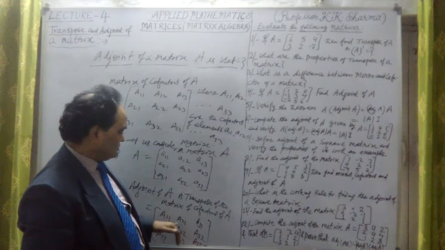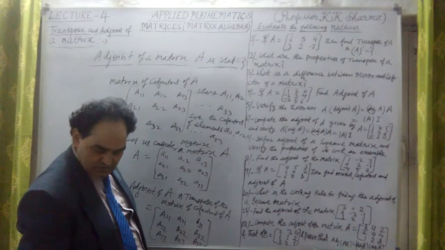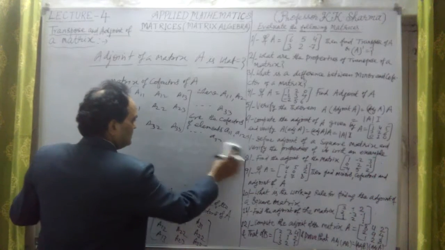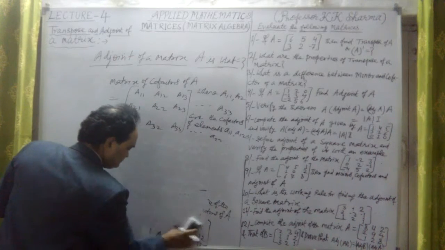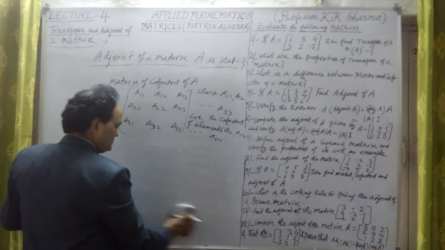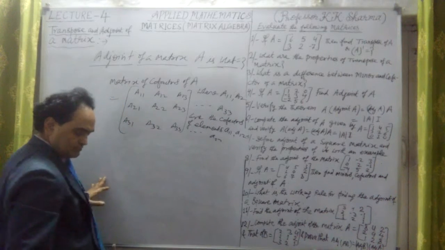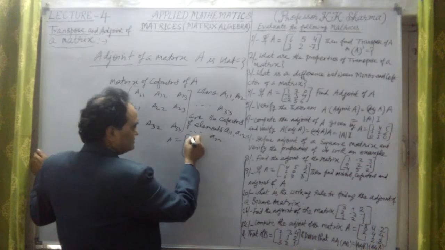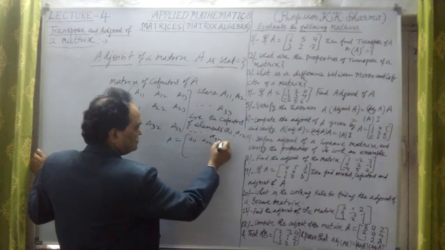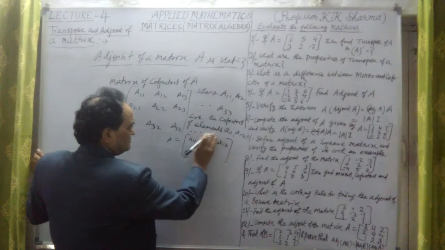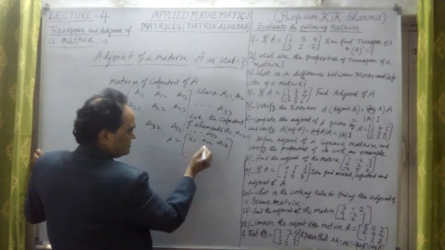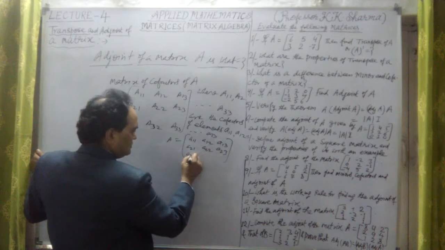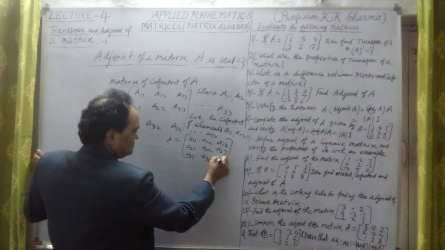Now let me define what these cofactors are. Here the basic matrix is A11, A12, A13, A21, A22, A23, A31, A32, and A33.